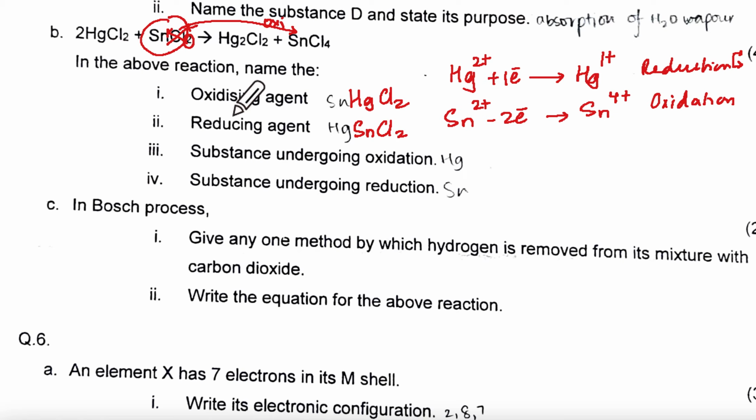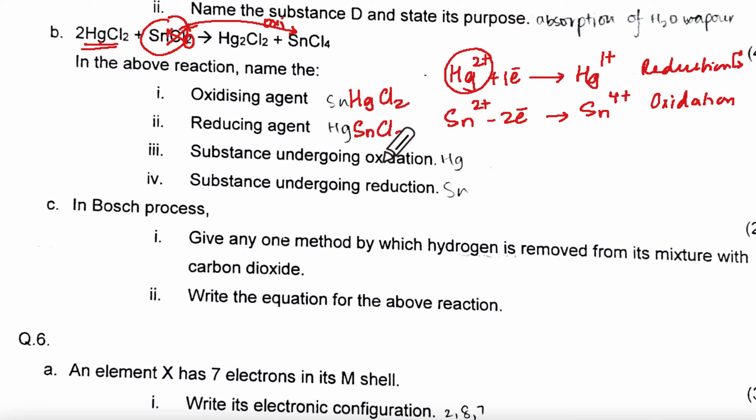This one. The one that gets reduced becomes the oxidizing agent. Understanding? What is getting reduced? Hg2 plus. So that was this one. The one that gets reduced becomes the oxidizing agent.